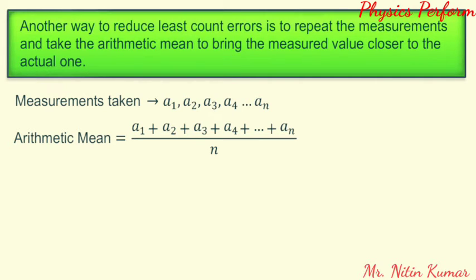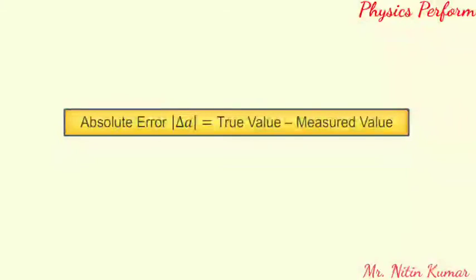In the absence of a true value of measurement, this arithmetic mean is treated as the true value. The magnitude of difference between the true value and each measured value of a quantity is called the absolute error of that measurement. It is denoted by mod delta A.